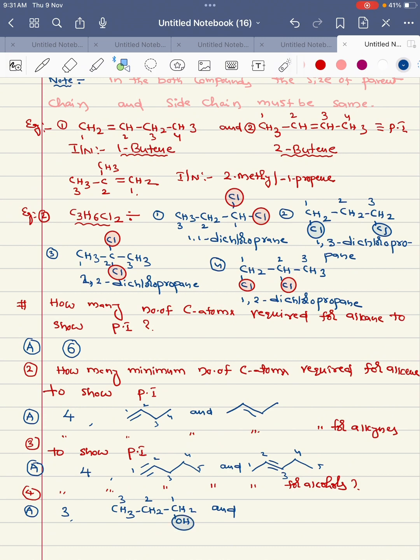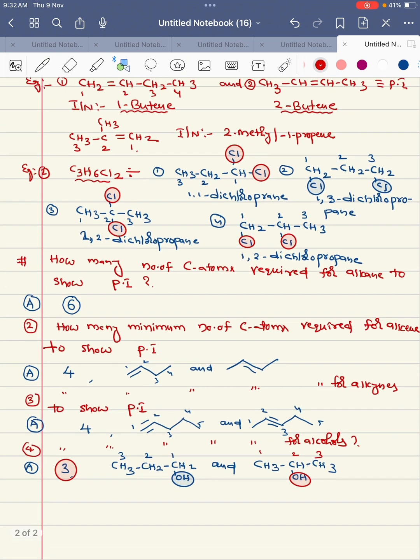This is the OH group. Now I am going to change the location of the OH group. Now the OH group is attached to which carbon atom, students? The OH group is attached to the second position of the carbon. It is called 1-propanol and 2-propanol. Which type of isomers are they? They are called position isomers of each other.